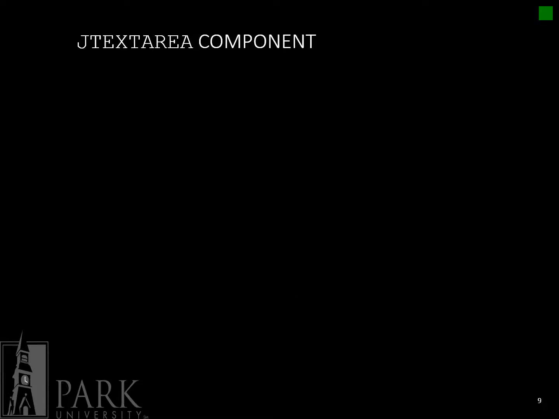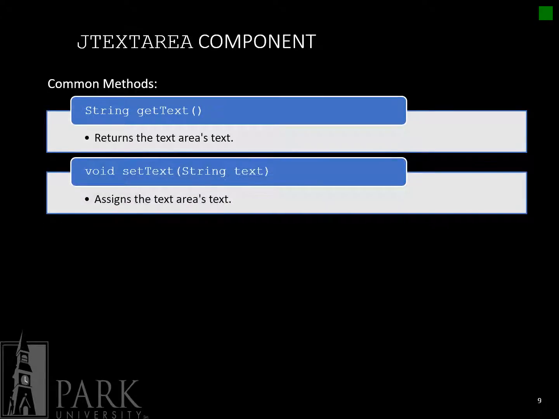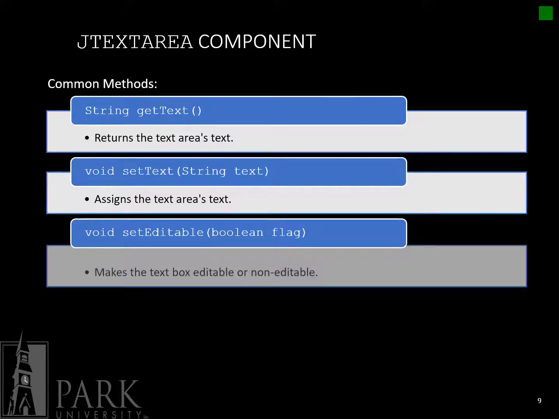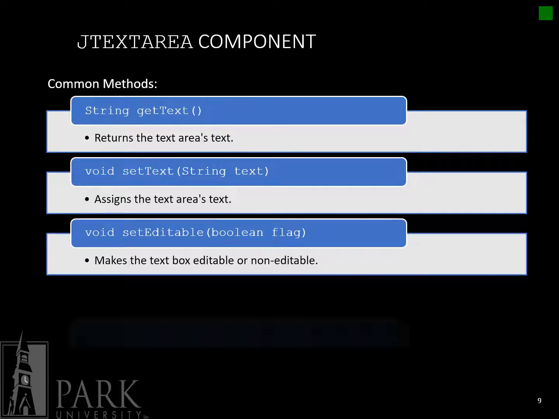The JTextArea class, like all GUI component classes, has quite a few methods, and so here are some of the more common ones. getText will return the text that is inside of the text area. setText will set the text that's in the text area. setEditable will flag the component as to whether a user can type in the text area or not.